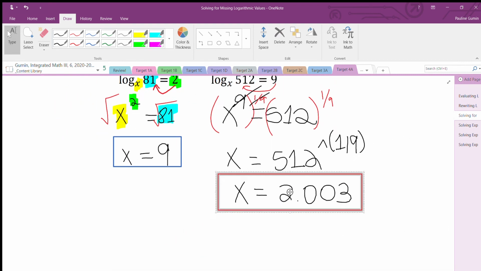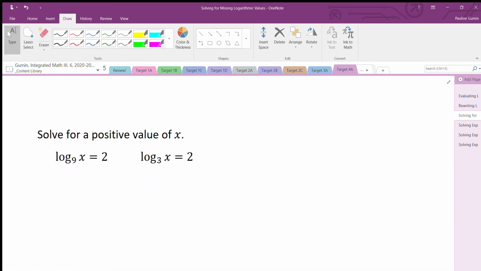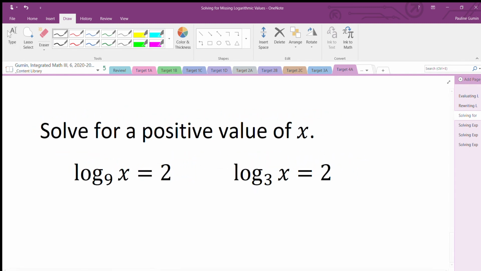Okay, let's try two more. This time, our x is missing inside of the logarithm. What do you think we're going to have to do? That's right, rewrite it in exponential form. Let's do it. We have 9 to the power of 2 equals x.